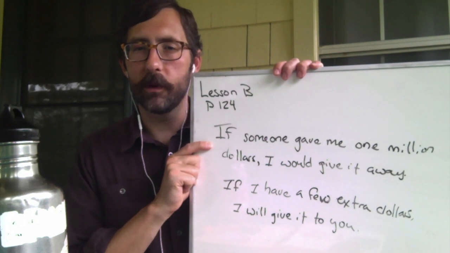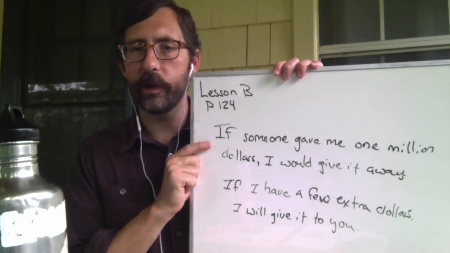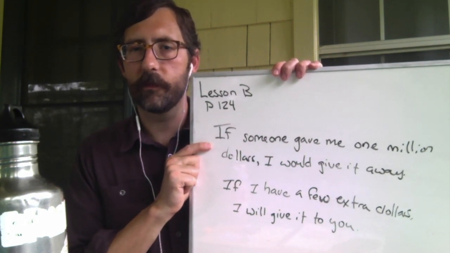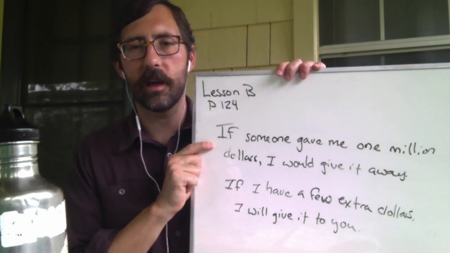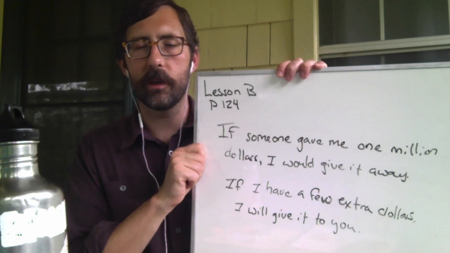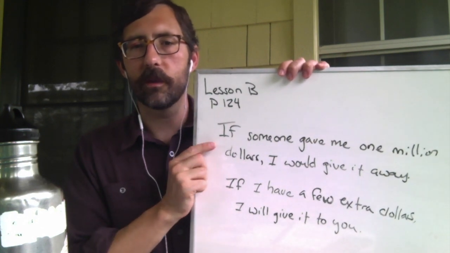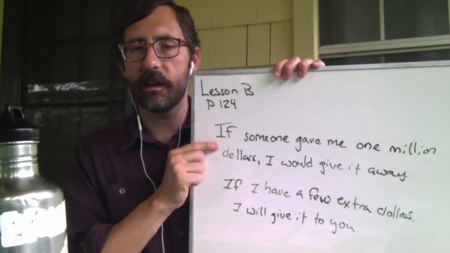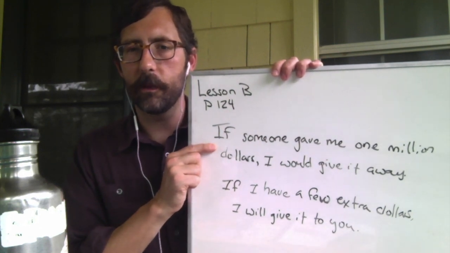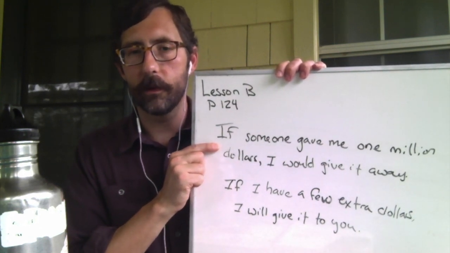How probable, how likely, how real is this? It's not very real. Most people don't go around giving away $1 million, right? So this one is our imaginary, right? Because this is not likely. This is not probable, possible, probable.